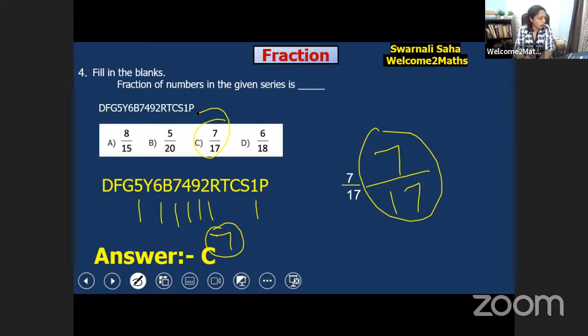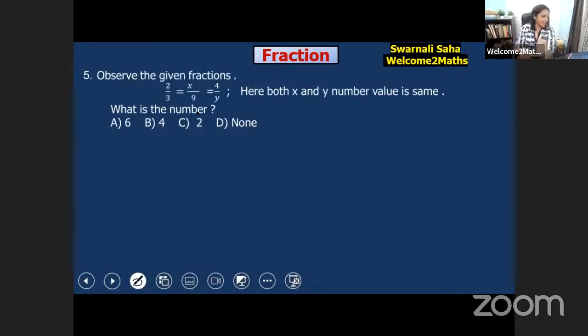Okay, so let's move on. Let's solve our next question. Now in the next question, 2 by 3 is equal to x by 9, which is equal to 4 by y. Here the values of x and y are the same. What is the number that we have to find out?